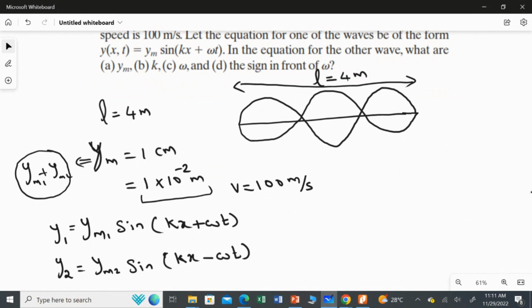What is the amplitude? If you want to answer the first question, as I already mentioned, the amplitude for this combined wave is 1 centimeter. Because they did not mention the amplitude of the other wave, we are going to find what the amplitude of the other wave should be. Here we got 1 multiplied by 10 to the power of minus 2 for the combination of the two waves. So what should be the amplitude of the second wave?